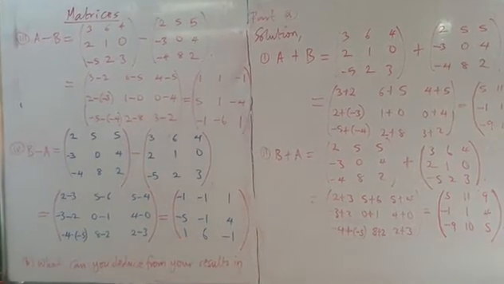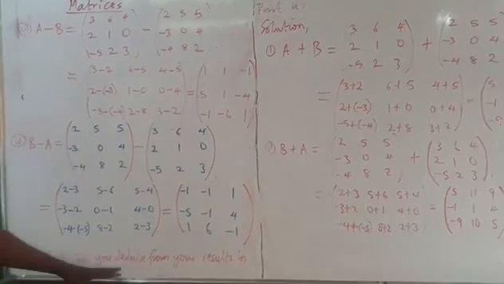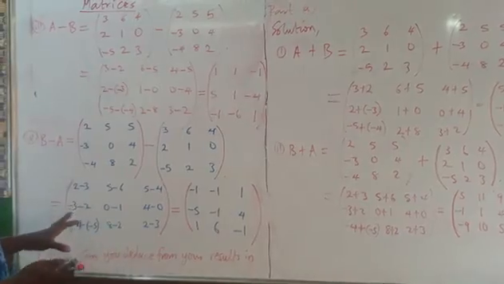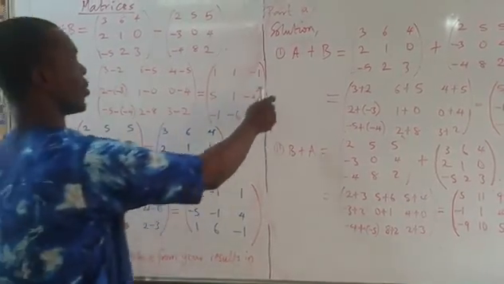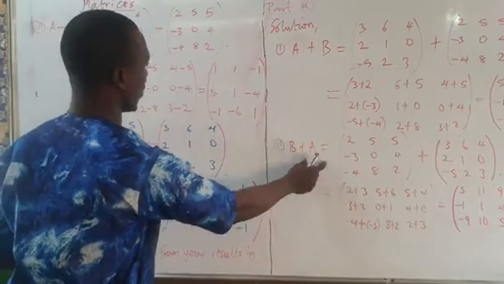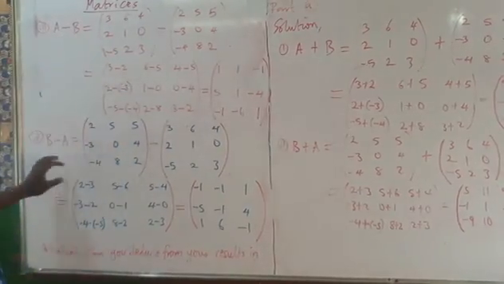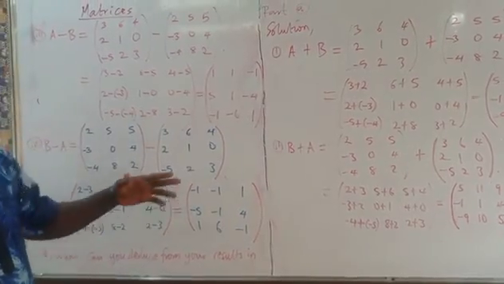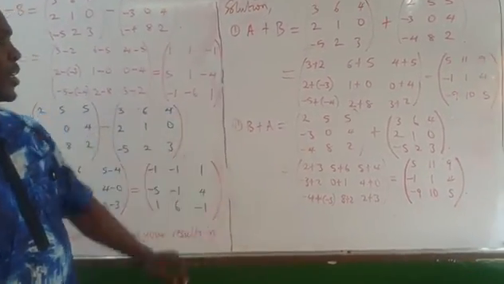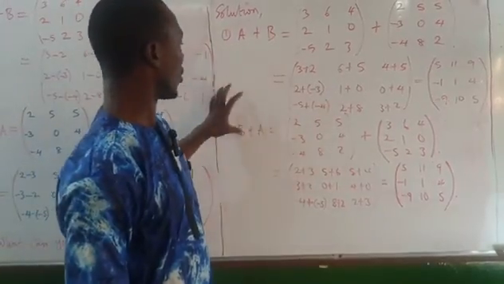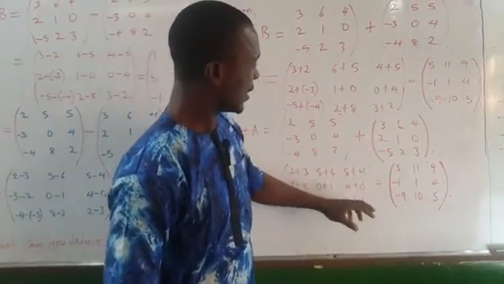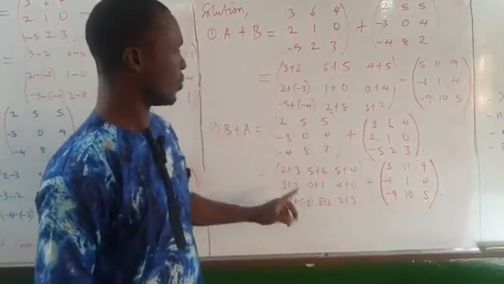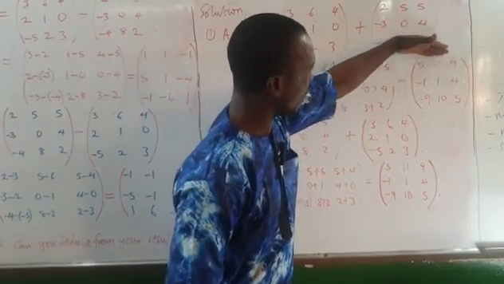So we move to the last question, which is, what can you deduce from your result in part A? The results we have in part A are the result of A plus B, B plus A, A minus B, and B minus A. So let's check the results from Roman figure 1 and 2 under question A. We notice that the answer to A plus B is the same as the answer to B plus A. In the first row, we have 5, 11, 9.